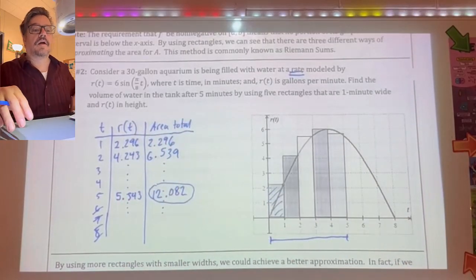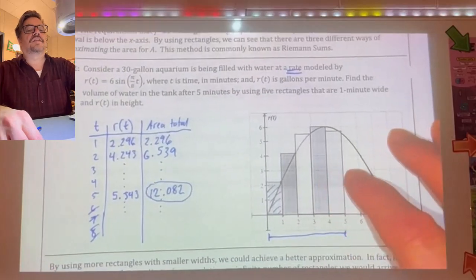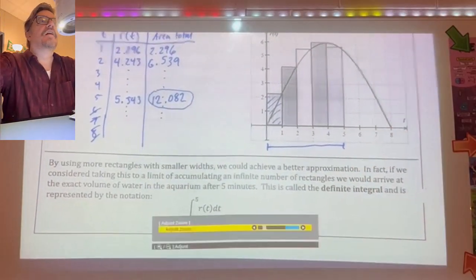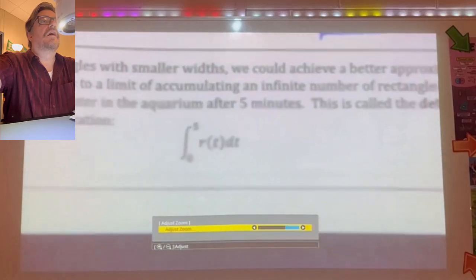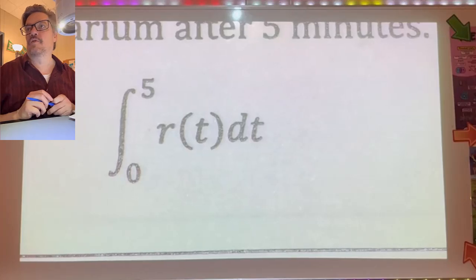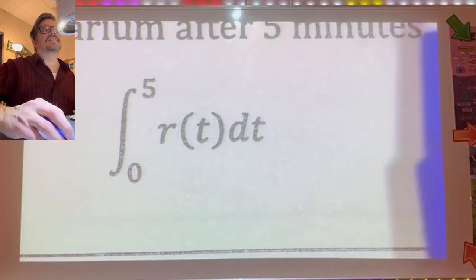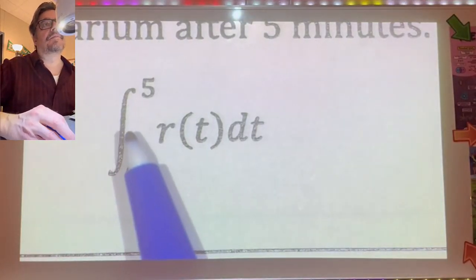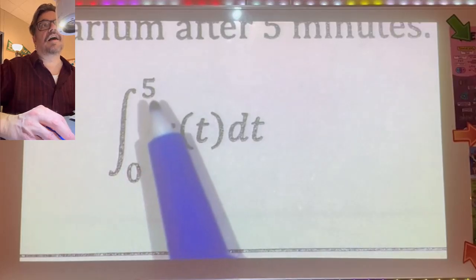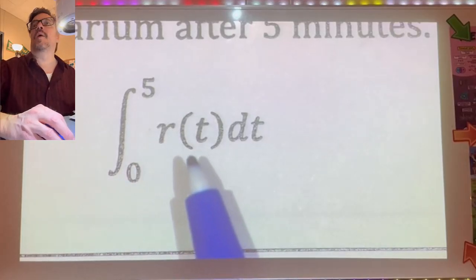That's exactly right. Okay. But here's the symbol for all of this process, ladies and gentlemen. As the rectangles get slower and slower, this right here, I'm going to zoom in. This is the guy. That, ladies and gentlemen, is the indefinite integral. And what this would say is, this is the sum of all of our rectangles from 0 to 5 of that sine equation.